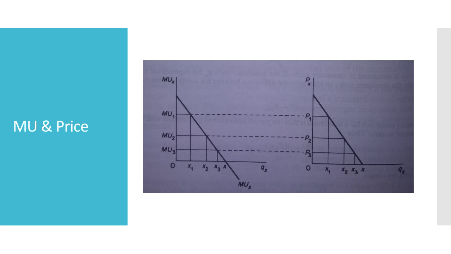The diagrams show this relationship: we are ready to pay price P1 if we get marginal utility MU1 after the consumption of commodity X1. The other relationship also reflects that if we get lesser marginal utility, then we are ready to pay lower prices for that commodity. So this was all about the cardinal utility theory analysis as one part of consumer behavior theory.